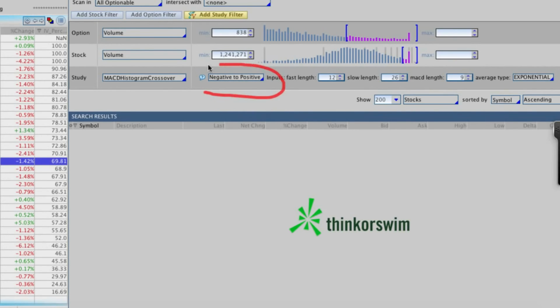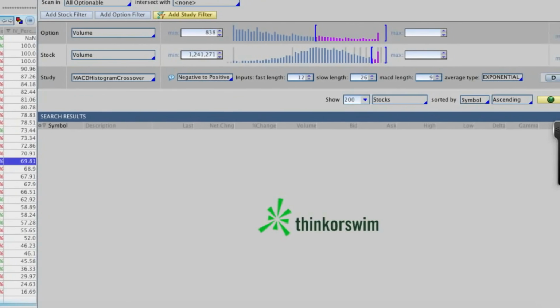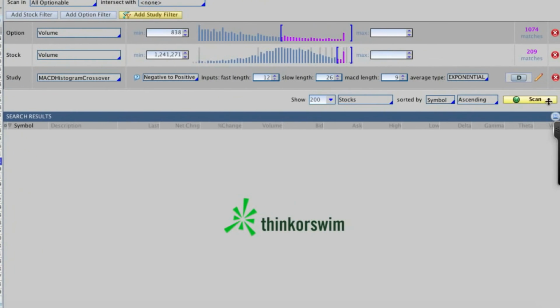You can study filter all of these stocks and look specifically for stocks that have a MACD histogram crossover that went from negative to positive based on some set of inputs. So if we just use this one here, we can go ahead and click scan.